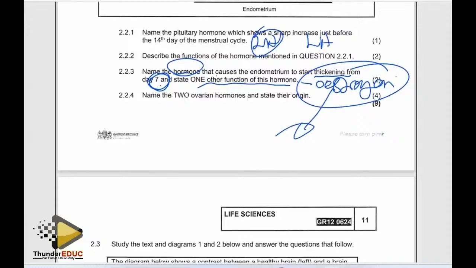So that's it. Name 2 ovarian hormones and state their origins. When you talk about ovarian hormones, you're looking at the hormones which are produced in the ovary. Which hormones work in the ovary?